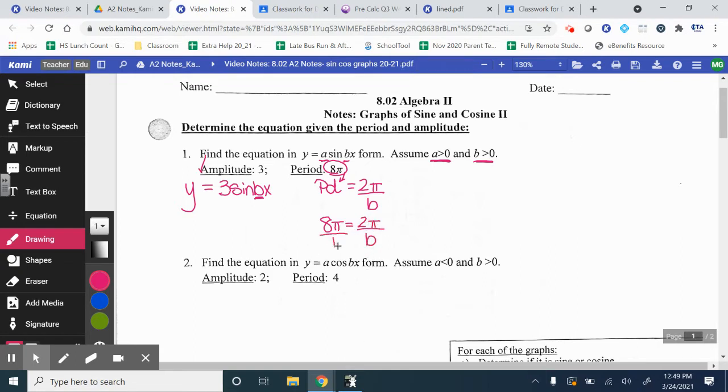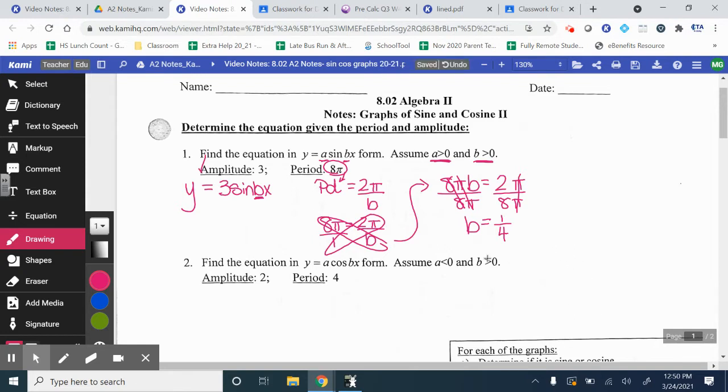Now I'm going to put my 8 pi over 1, and now I can cross multiply and solve for b. So I have 8 times pi times b equals 2 pi times 1, or just 2 pi. To solve for b, I'm going to divide both sides by 8 pi. The pi's cancel, and 2 over 8 reduces to 1/4.